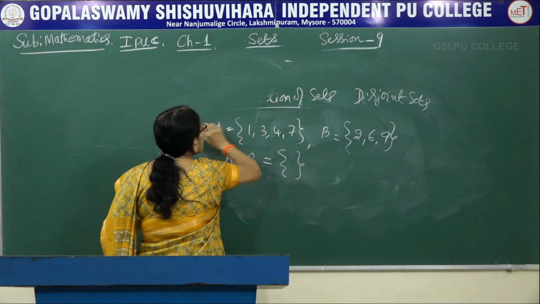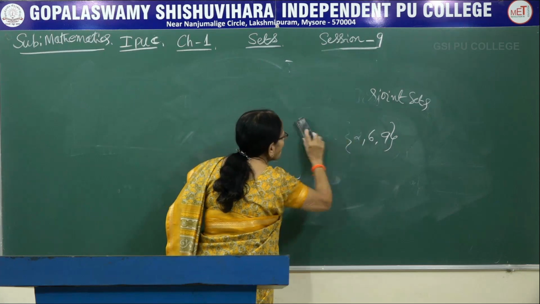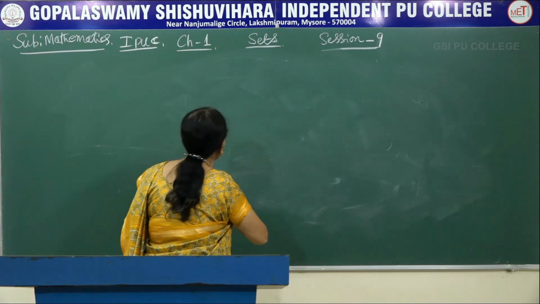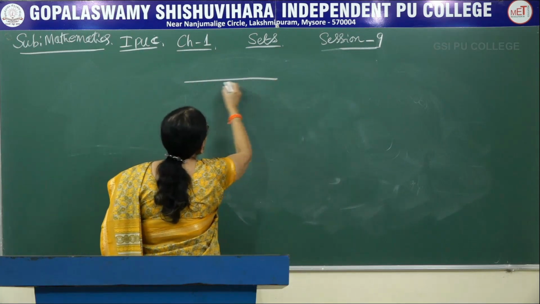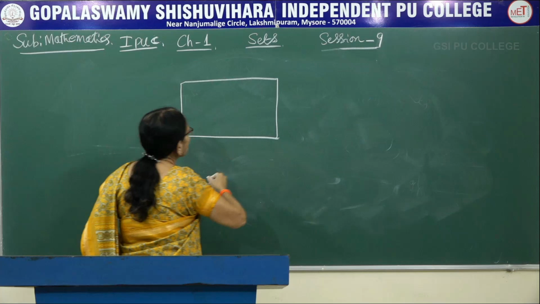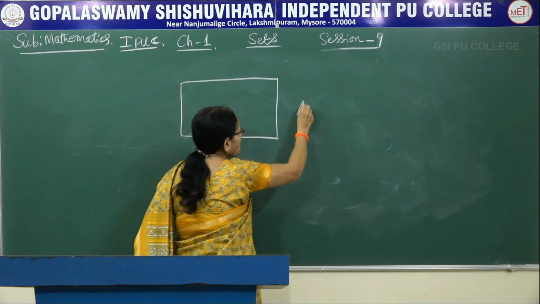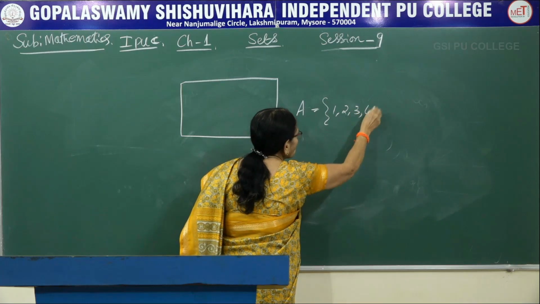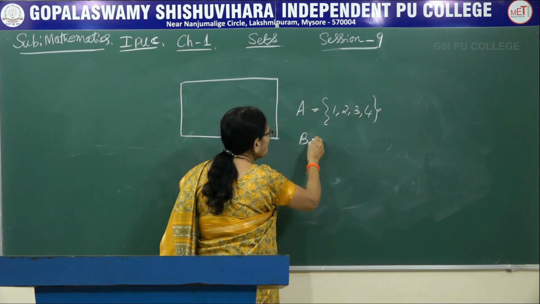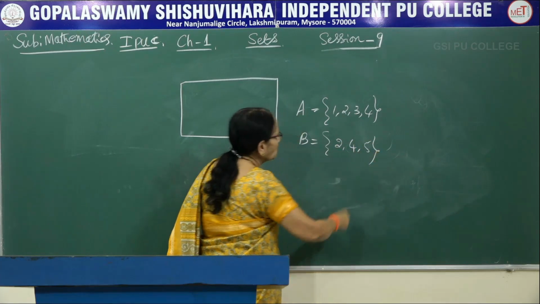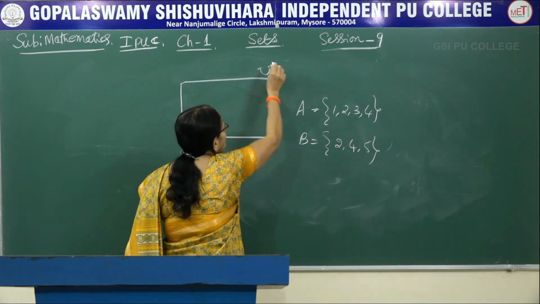Now, let me represent this with the help of a Venn diagram, as usual. Suppose I take an example, that would be better. A contains 1, 2, 3, 4. Let B contain 2, 4, 5. Now this is the universal set I am having.